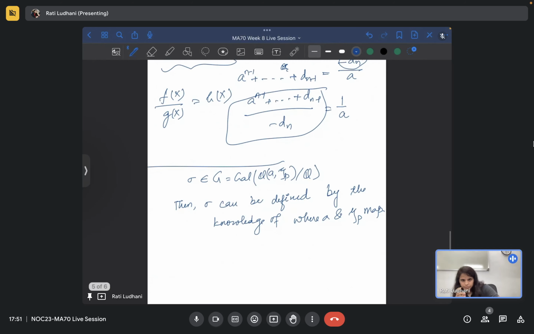Where these elements map, this information is enough to get sigma. So let's see what are the options for this.